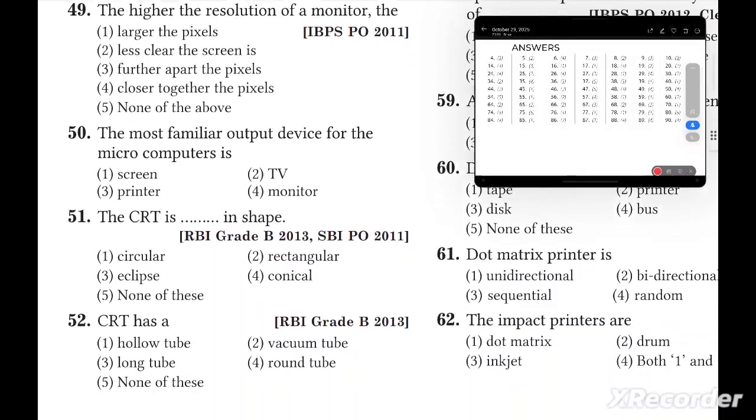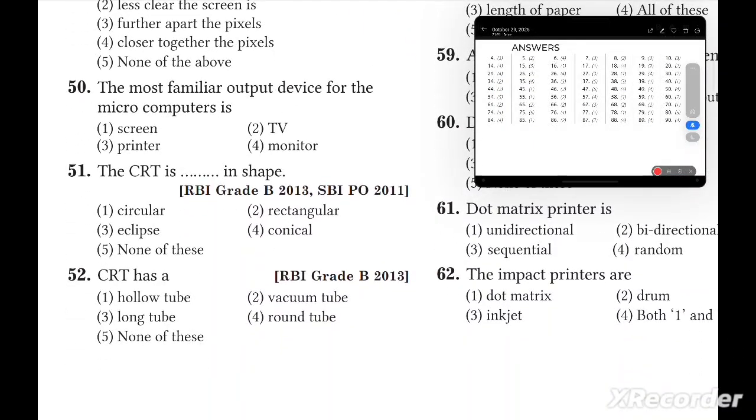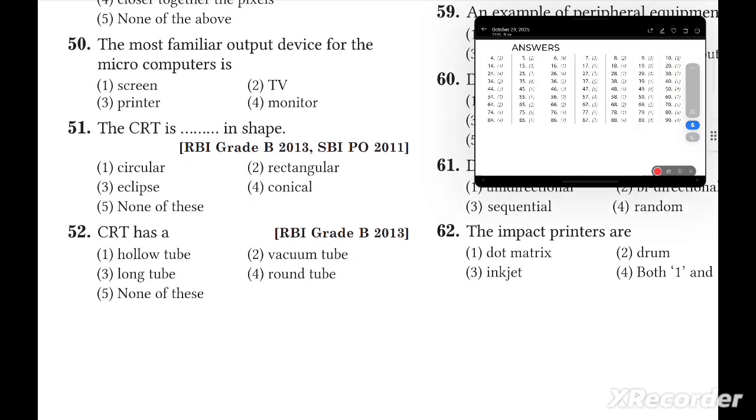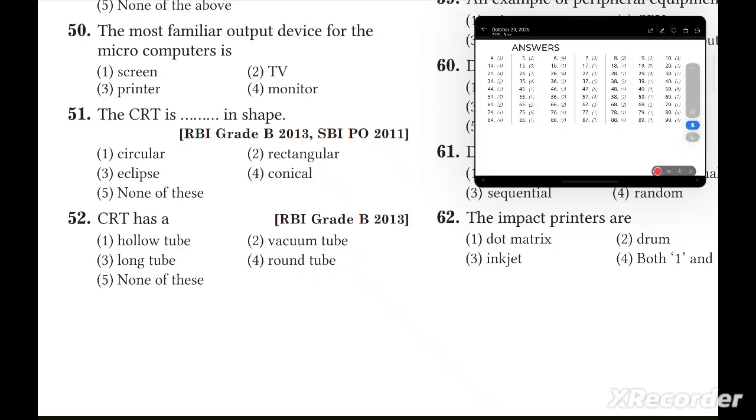Next, the most familiar output device for the microcomputers is first screen, second TV, third printer, fourth monitor. The correct answer is fourth monitor. Next, the CRT is dash in shape, first circular, second rectangular, third eclipse, fourth conical, fifth none of the above.